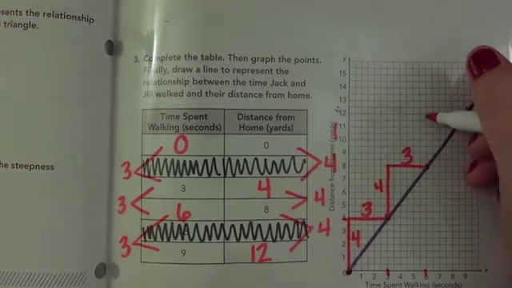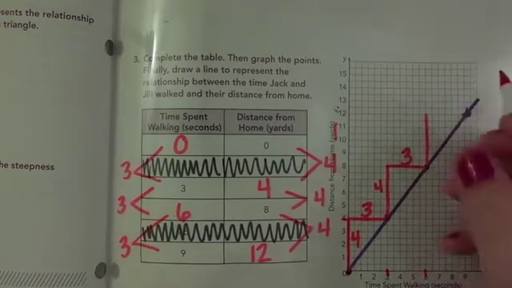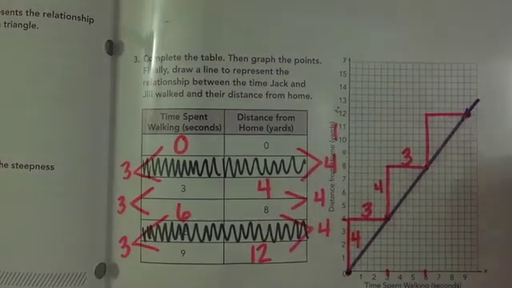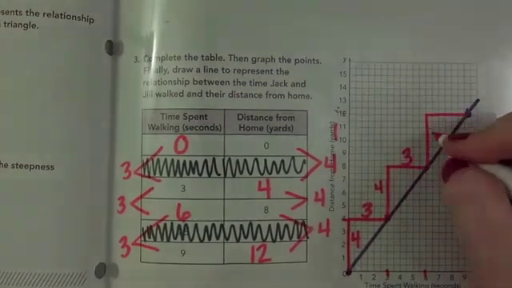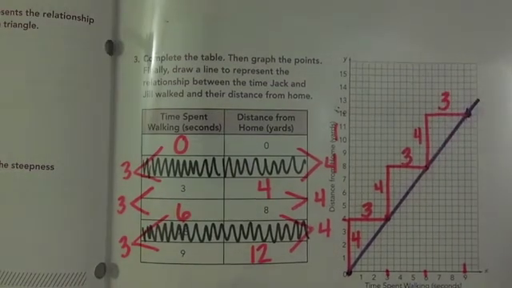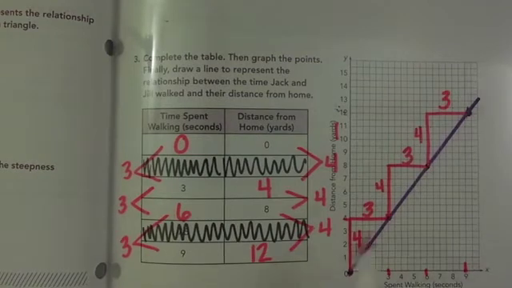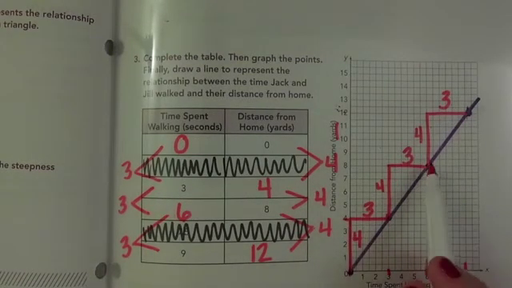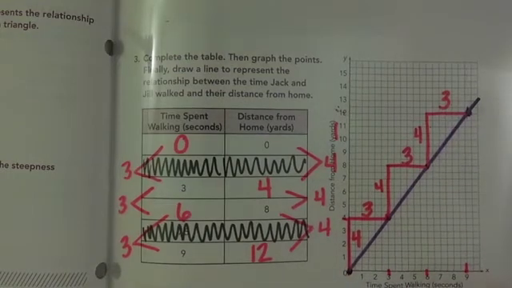And then we're going to do the same thing on this one. From 8 to 12, that goes up 4. From 6 to 9, that changes by 3. So it's kind of like little stair steps, I guess you could say. It's going up 4 over 3, up 4 over 3, up 4 over 3.